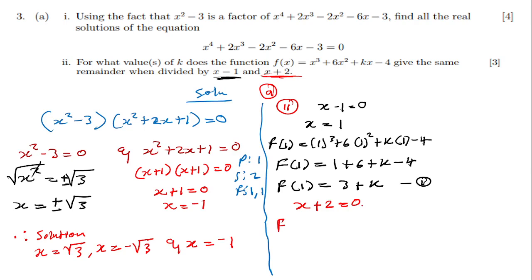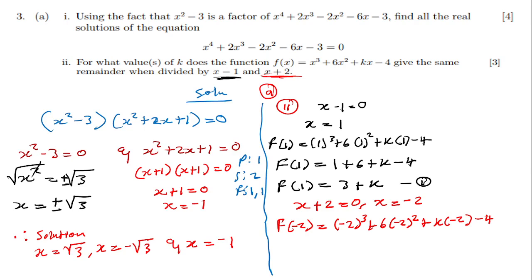So you're going to have f of negative 2 is simply equal to, where there is x, you put negative 2 cubed, plus 6 times negative 2 squared, plus k times negative 2, and then minus 4. So that's the expression you're going to have after you replace negative 2 into it.